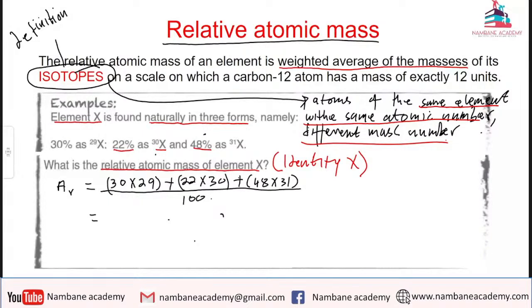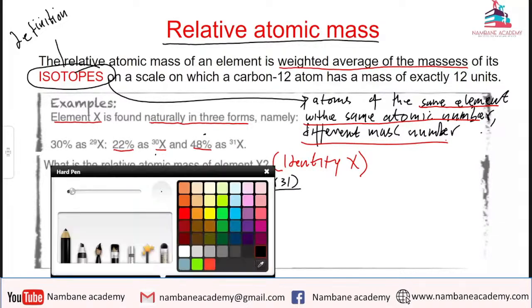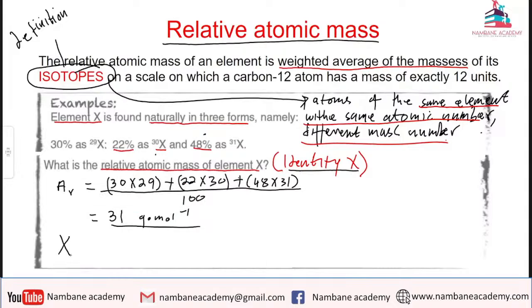So this is one of the important calculations that one must look into. This is going to give us something like 31 grams per mole. When it gives us 31 grams per mole, the question says identify X. So we want to know what X is in this instance.